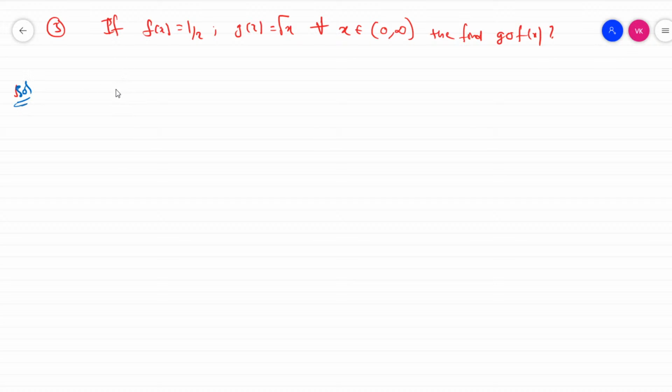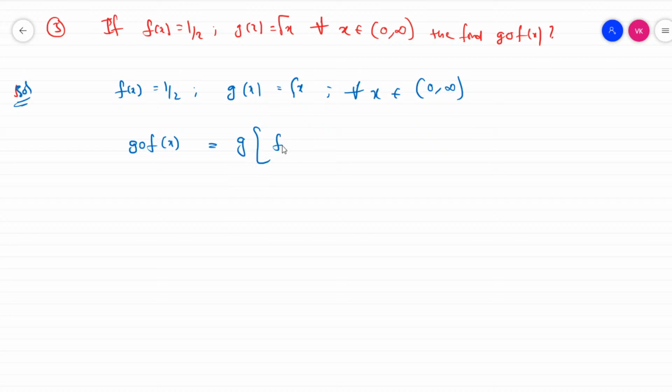We can write f of x is equal to 1 by x and g of x is equal to square root x wherever x belongs to 0 to infinity. First of all, we have to find g circle f of x is equal to g of f of x. We can directly write g of 1 by x, since f of x is equal to 1 by x.